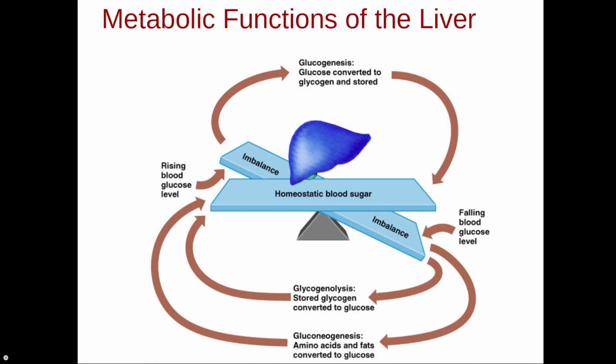Again, we can produce glucose, breaking down glycogen into glucose, and all these conversions are opposite reactions.